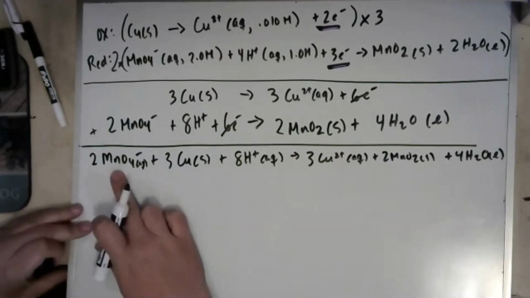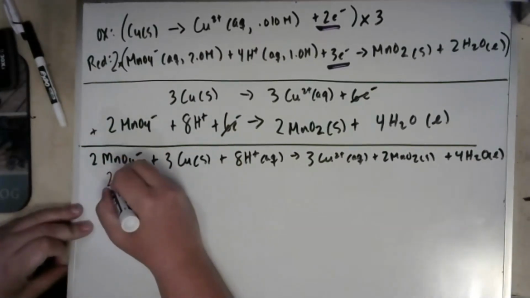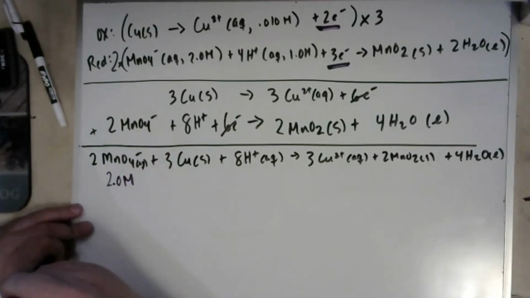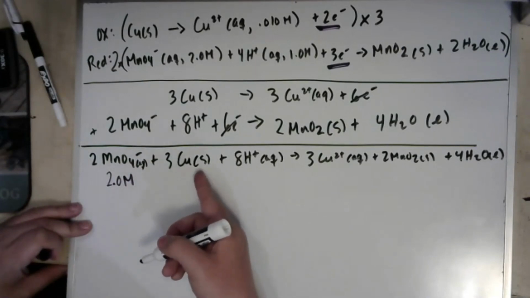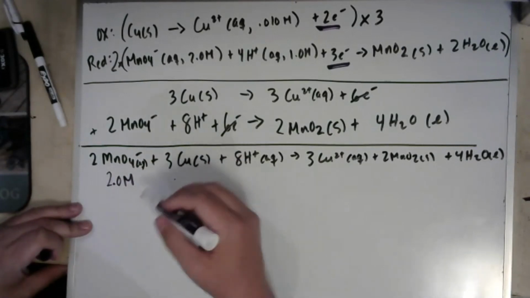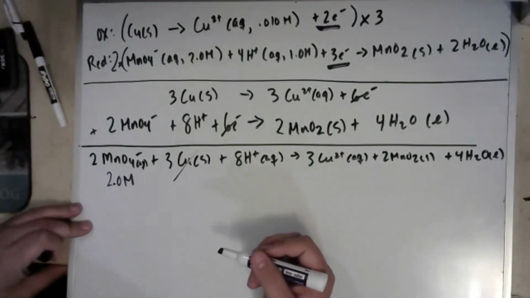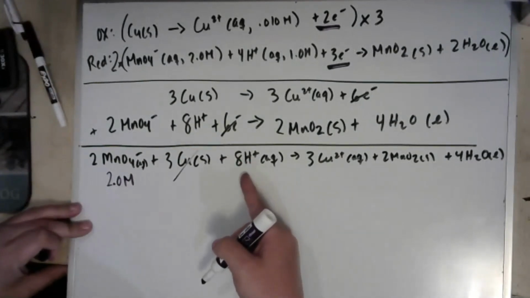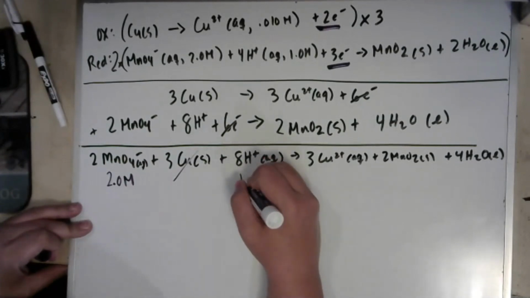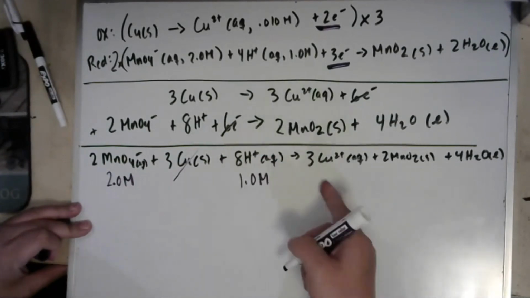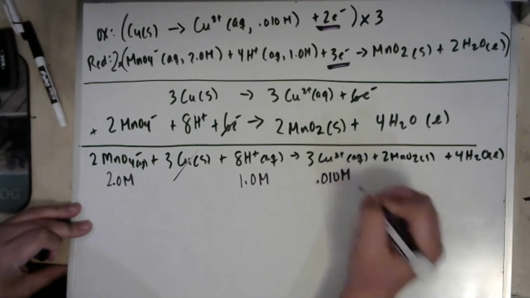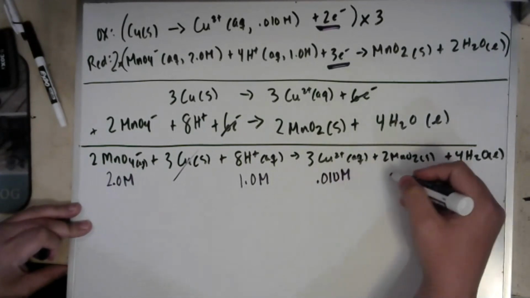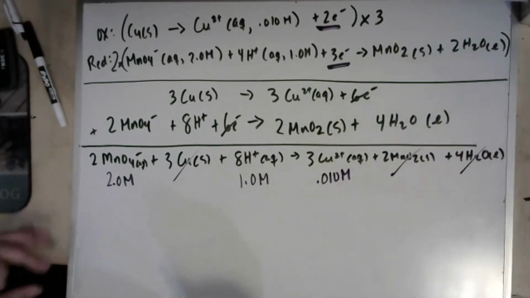So my permanganate ion had a concentration of 2 molar. My copper is a solid, so it's not going to be included in my Q calculation. My hydrogen ion is going to have a concentration of 1.0 molar. My copper ion is 0.010 molar. My MnO2 is a solid, H2O is a liquid, so those aren't part of our Q calculation.